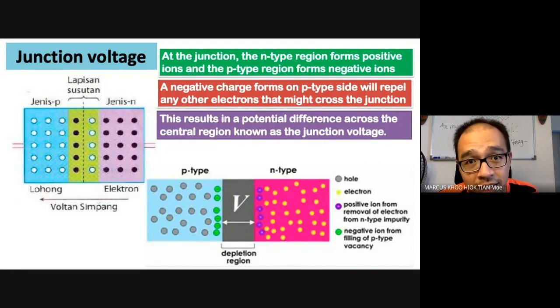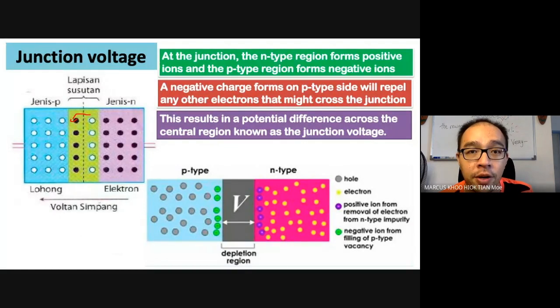So if there's a junction, there must be a junction voltage. So at the junction, and I hope this explanation makes a little bit more sense, the N-type region forms positive ions because the electrons have already hopped over here to fill the positive spaces here. So it leaves the holes over here.